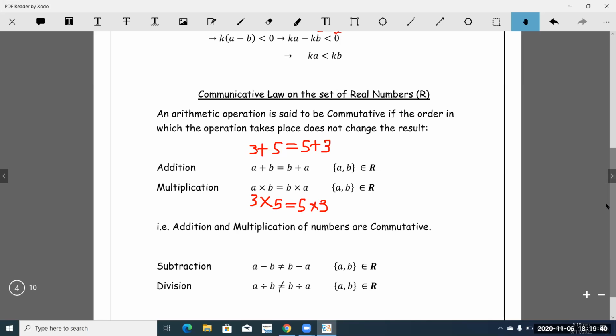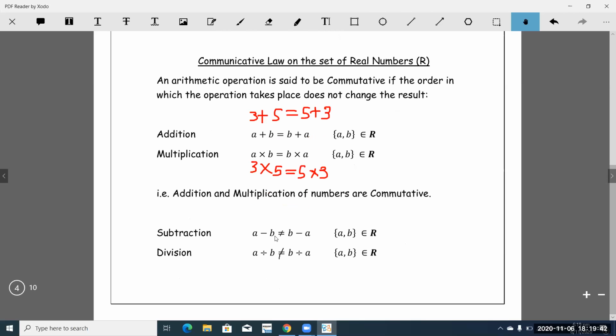Now what I want you to notice is that subtraction and division are not commutative. Tell me why subtraction and division are not commutative. Because it wouldn't be the same. Exactly, it wouldn't be the same.